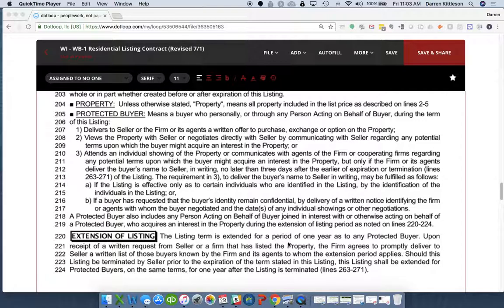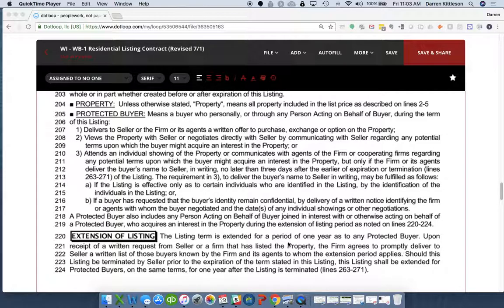So that buyer, if they show back up, whether let's say for example the seller relists it with somebody, that buyer shows back up, that buyer is protected under our contract, which means that if that buyer writes another offer, the seller is obligated per this agreement to notify us and let you step back in and act as the listing agent for that negotiation and get paid as if it were under the same contract.